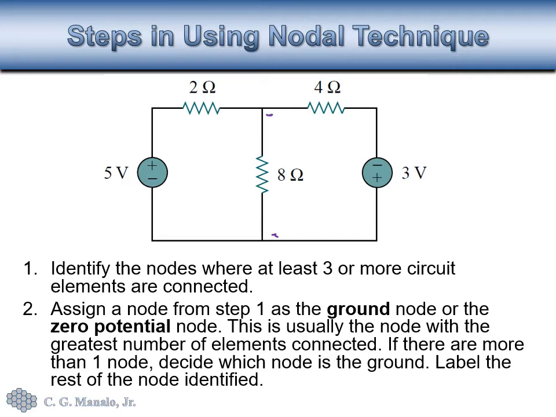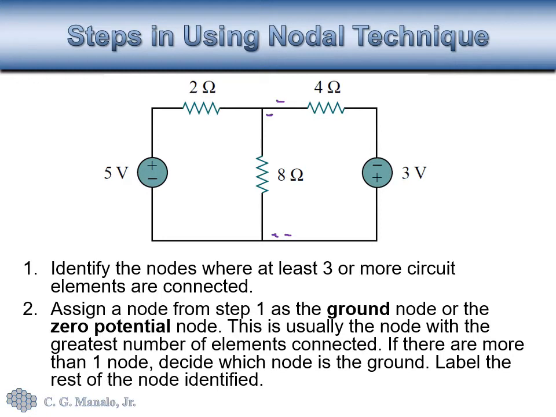The second step is to assign a node as your ground node, or what we call a zero potential node. That would be the node with the highest number of elements connected. And from what we got, this could either be this node or this node.